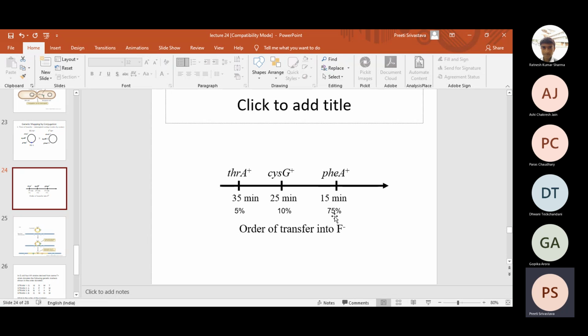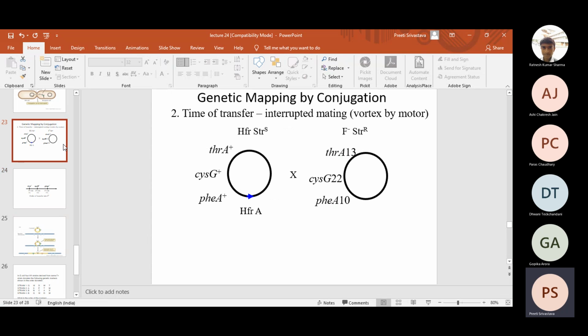Likewise, here we have three markers, but in the entire E. coli chromosome you can have different markers, and you can select a donor strain. You can have different donor strains. For example this is HFR-A, but then you can have HFR-B where the arrow is here, HFR-C where the arrow is here, HFR-D.